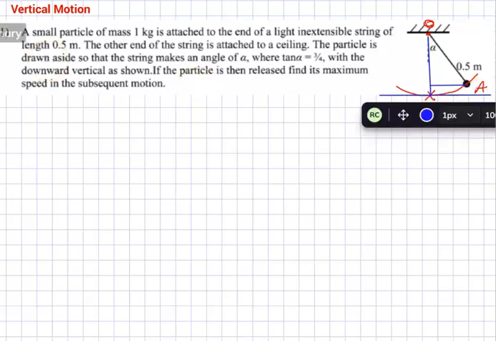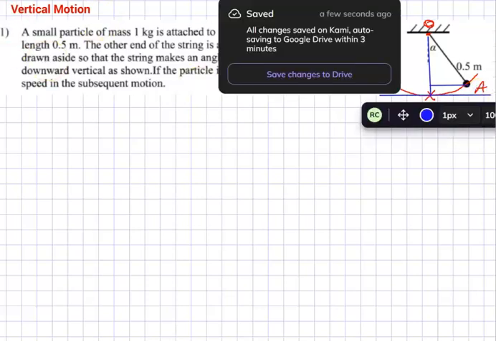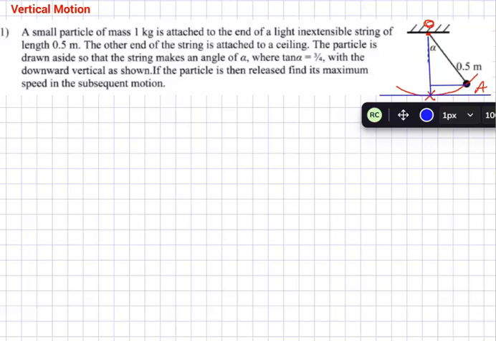Yes, I can. So the key thing here, and I might redraw this, is that we've got a difference in the height. That difference in the height there, that's what we're going to call H.